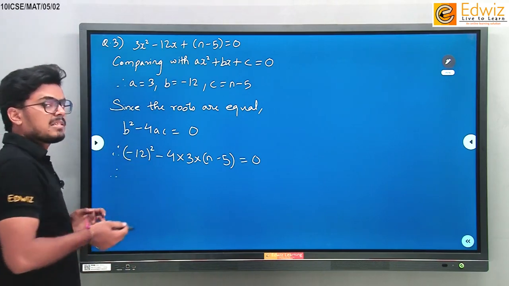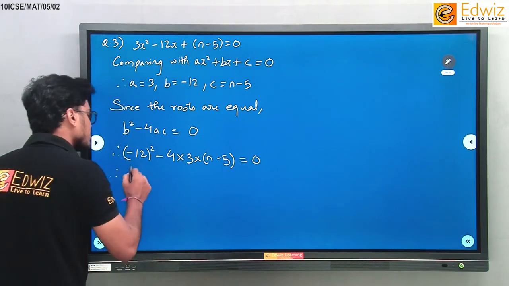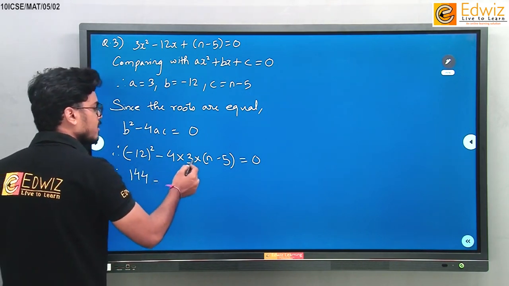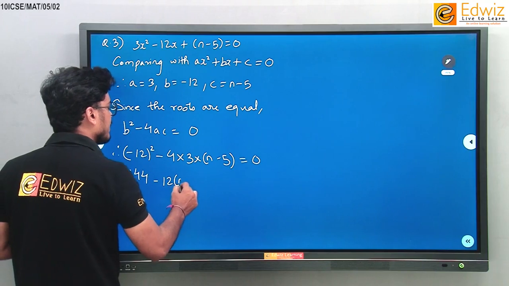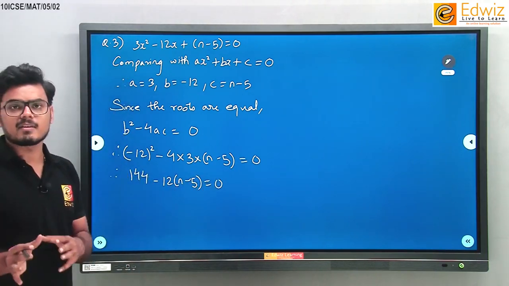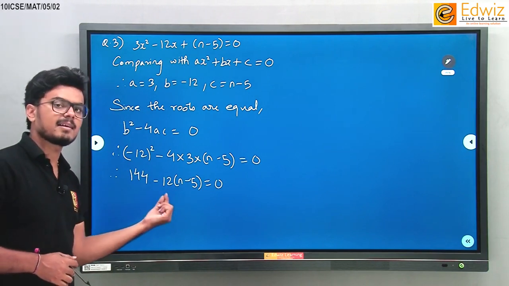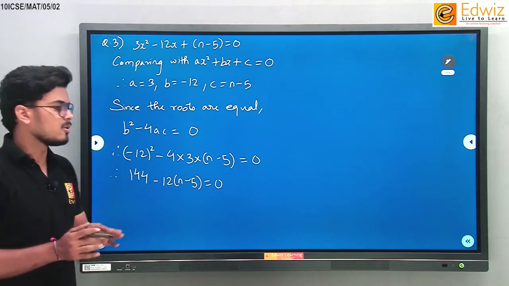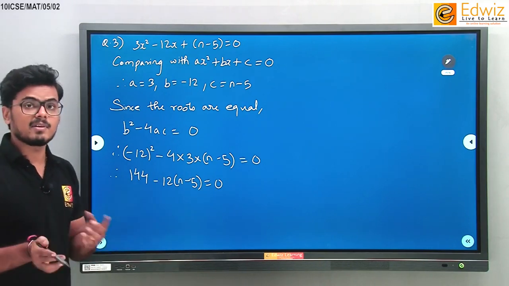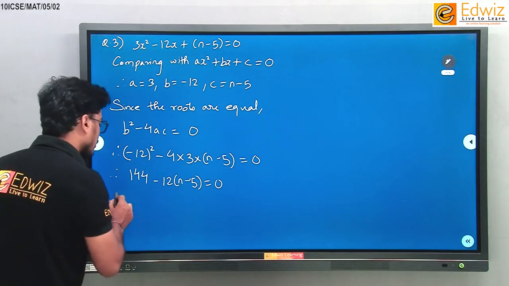Correct? Minus 12 square will be positive 144. Okay? Minus 4 3s are 12. So 12 into n minus 5 equal to 0. Now this is not a quadratic equation. It is simply a linear equation where we have to find the value of n. So thank God we don't have to do the steps all over again like we did in the previous question. Solve it normally.